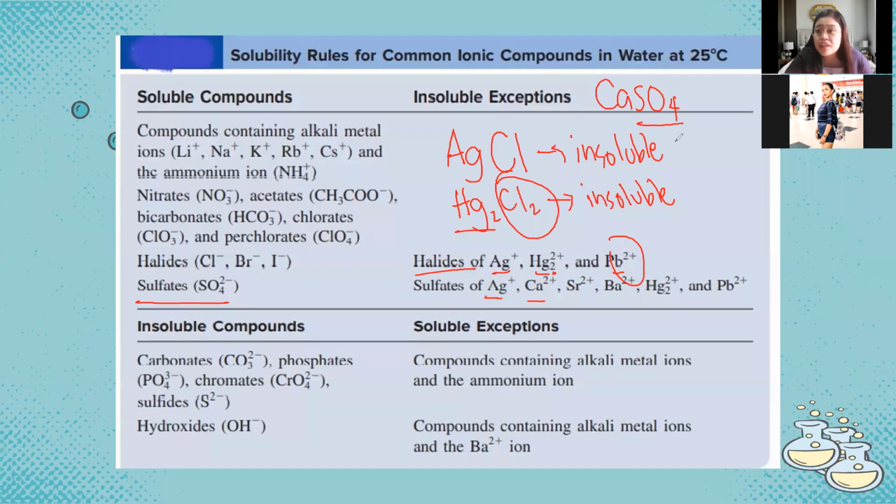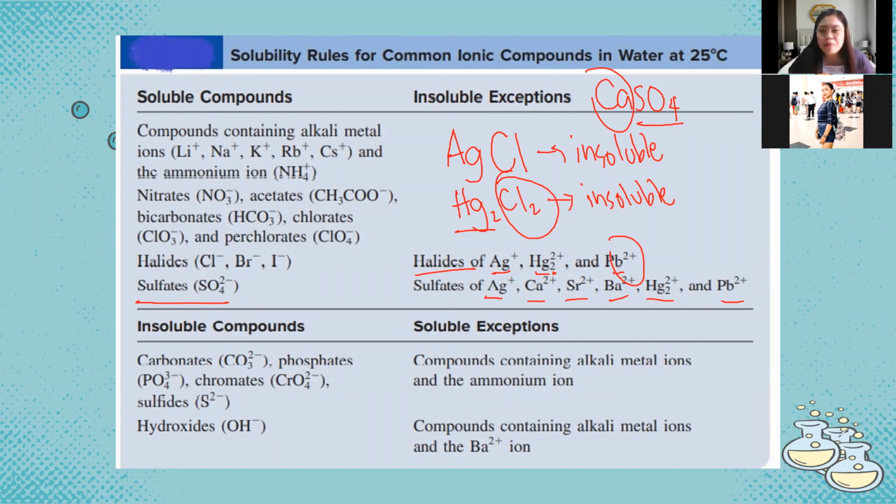Sulfate is supposedly soluble sa water, but since the partner is calcium, it will become insoluble. Okay? That is also true for strontium, barium, mercurous, or the positive 1 na mercury, and the lead. Magiging insoluble si sulfate. That's how we predict, class, whether a substance or if the reaction will be a precipitation reaction or not.